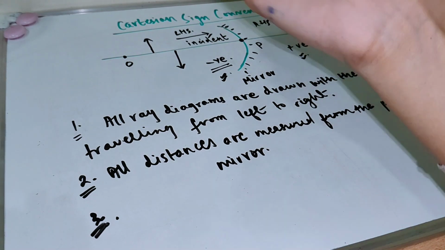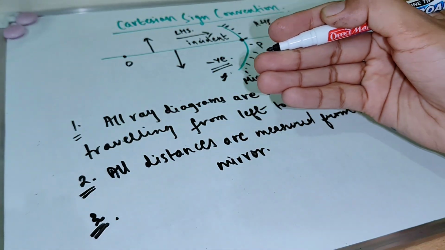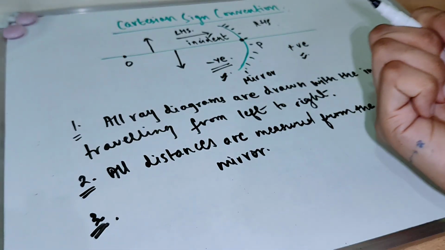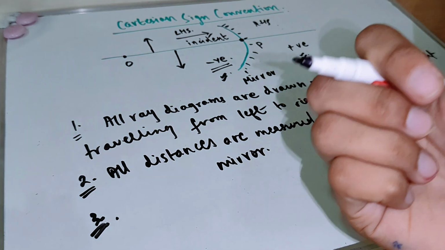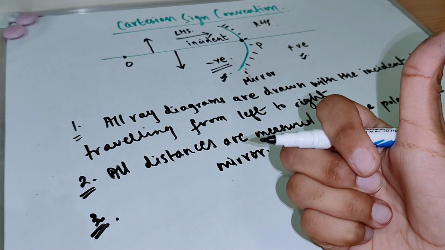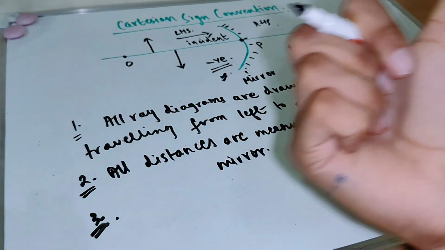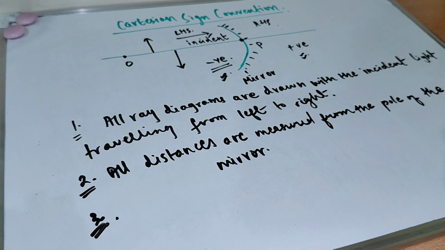Did you get it? It is coming from the left hand side, so its direction is towards the right hand side, which means that any distance that is in the direction of the incident ray is positive.